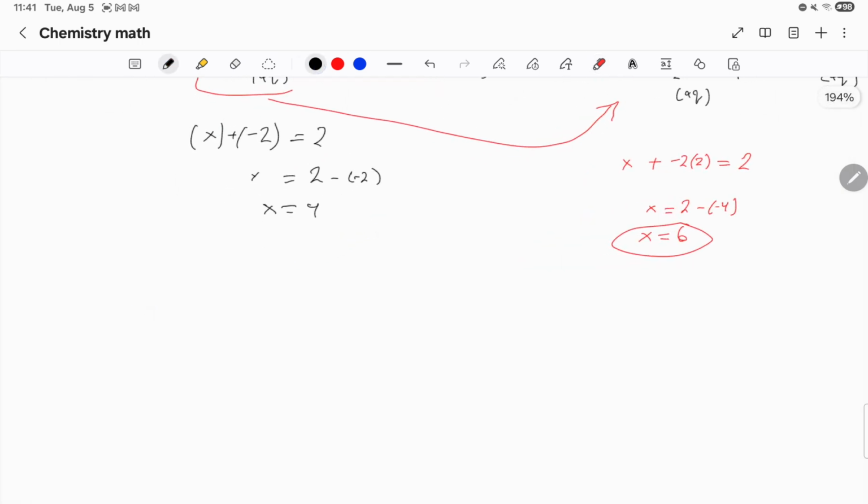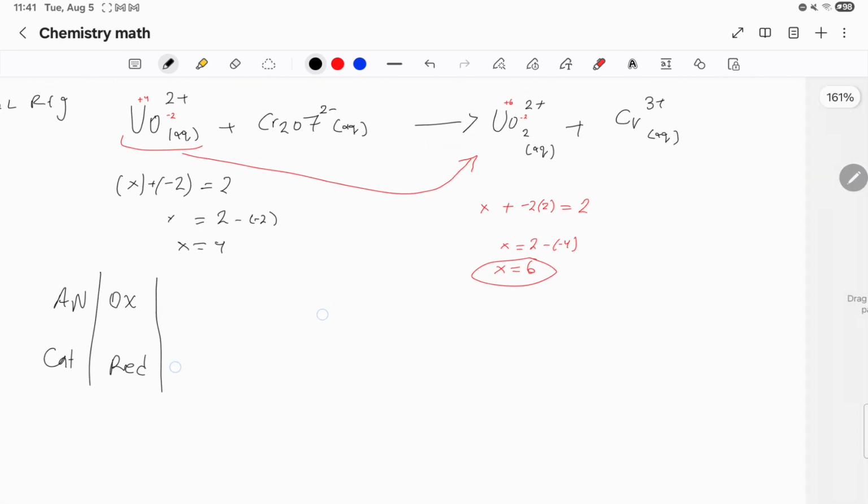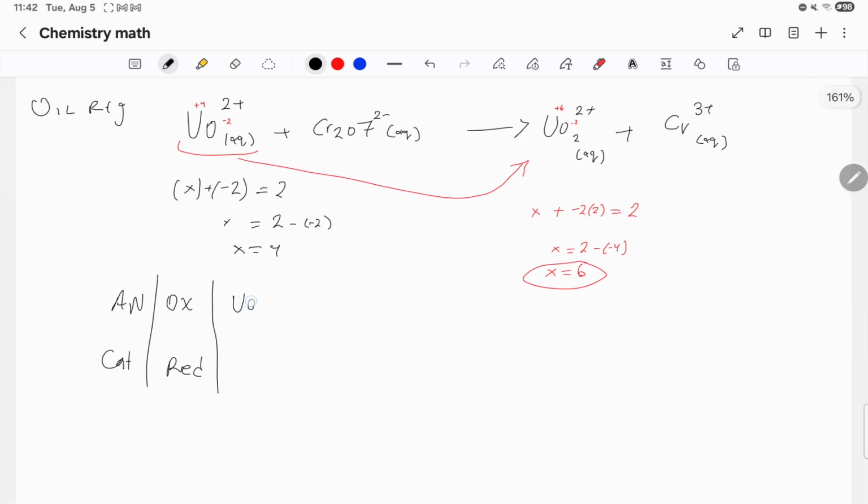Okay, now we can write our oxidation half reaction. Remember, oxidation, by the way, occurs at the anode. I always like to write this, and then I'll write cathode reduction. So now let's write our oxidation reaction. We know that UO2 plus gets oxidized, as in it loses electrons, and turns into UO2 2 plus.